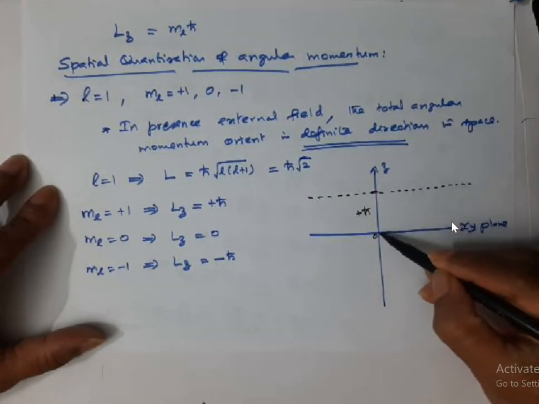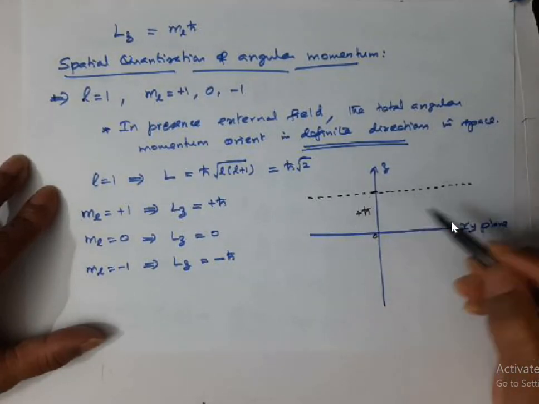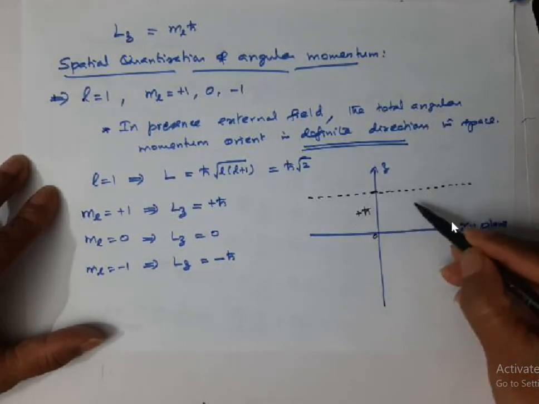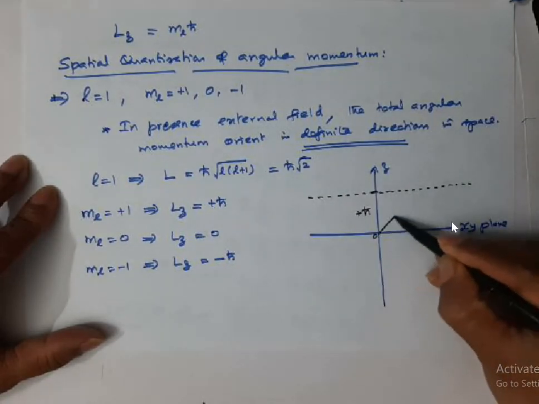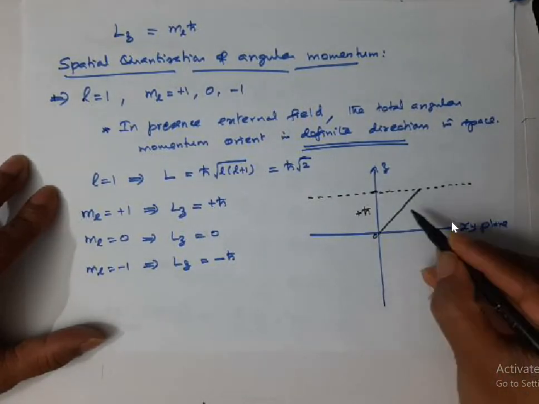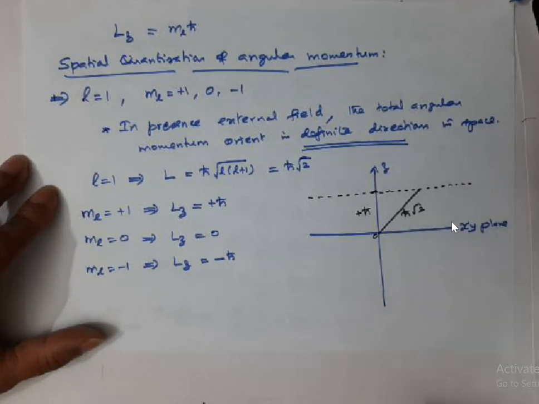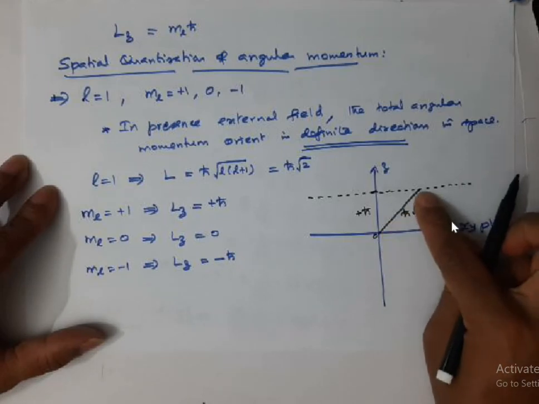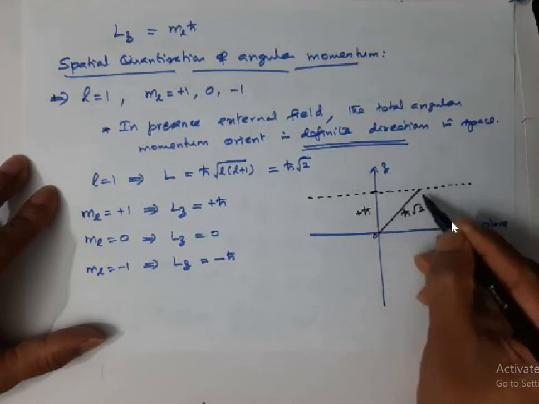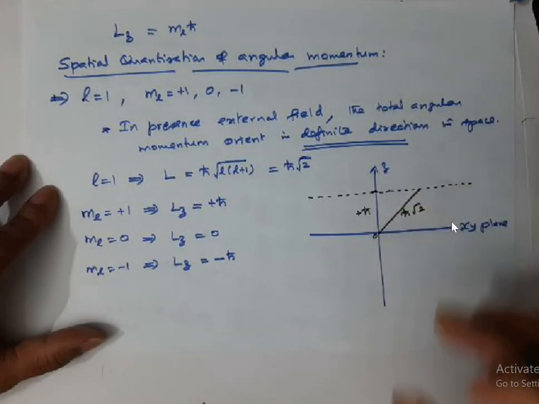Now, from the origin, you draw a straight line to this dotted line such that the length of the straight line is h bar into root 2. Suppose I draw like this. The length of this line is h bar into root 2. So this is the total angular momentum, and this is the z component of the total angular momentum. So the z component is h bar and the total angular momentum is h bar root 2.